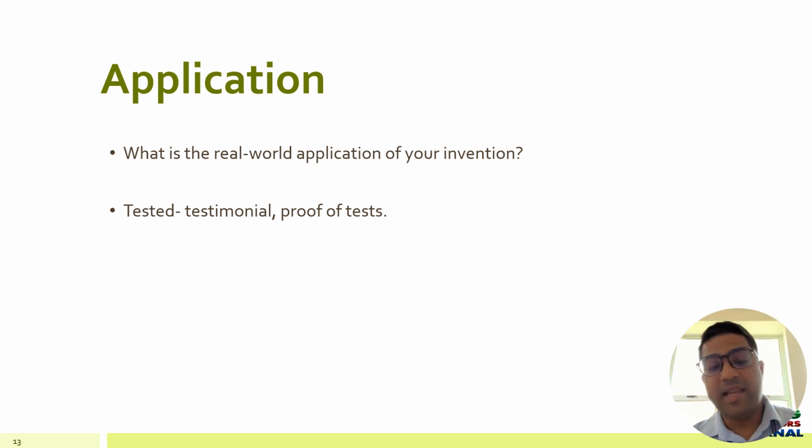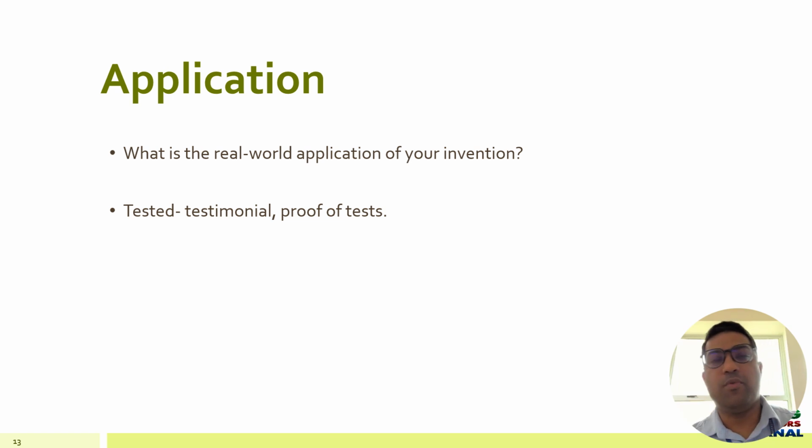Okay. The next section that should be in your paper is the application of your invention or your innovative idea. All right. So what is the real world application of your invention? Right? Has your invention or innovative idea been tested? How did you test this in the real world application?